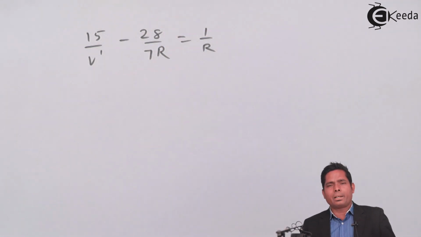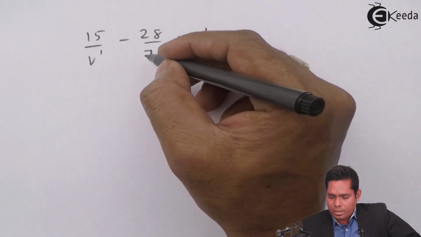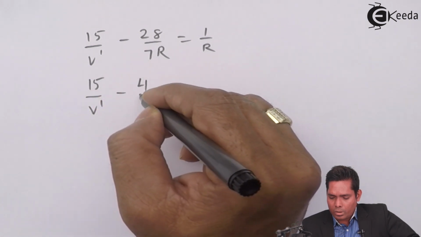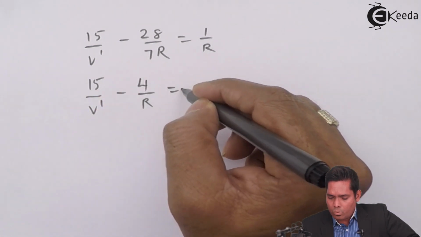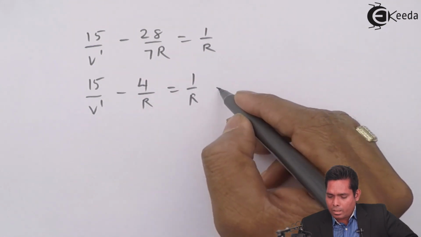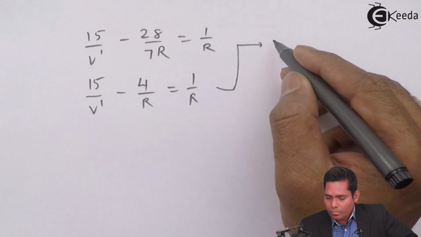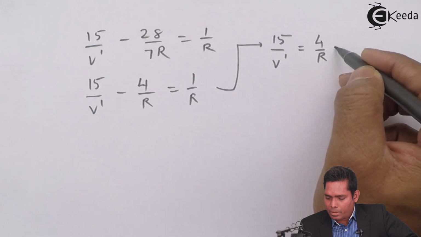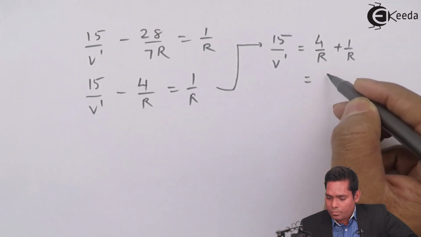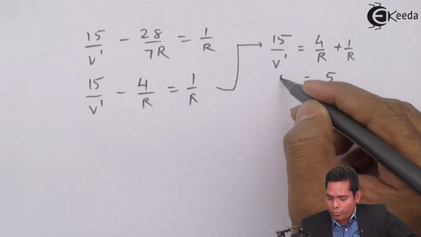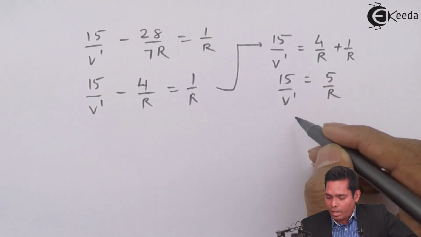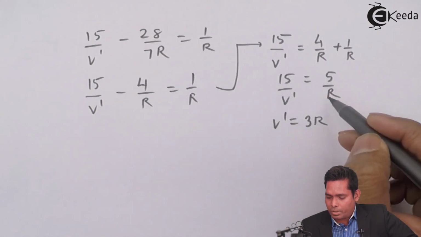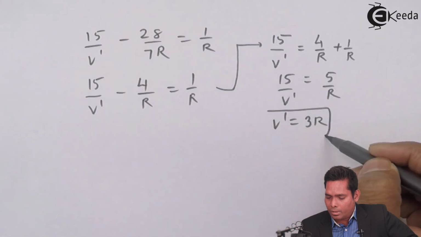What I have done, I multiplied 10 throughout the equation, and this becomes 4. So 15 divided by V dash minus 4 divided by r equals 1 divided by r. So from here I will write 15 by V dash equals 4 by r plus 1 by r, that is 5 by r. So 15 by V dash is this, and V dash equals 3r. 5 threes are 15, so it will cross multiply, and this is the V dash.